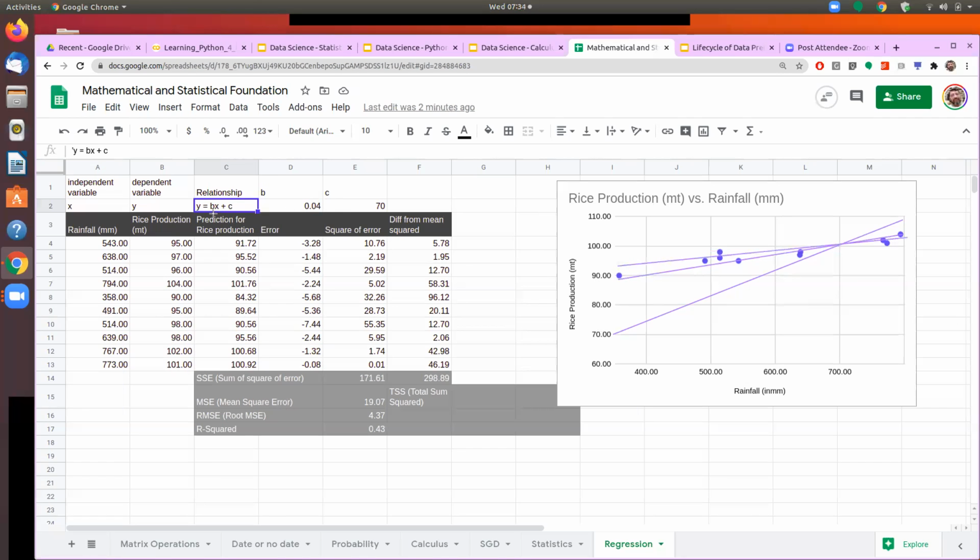And accordingly, the value of b is how fast it rises or falls with the data. So it means that 0.04 means that if there is a 1% increase in the rainfall, there would be a 5% increase in the production.